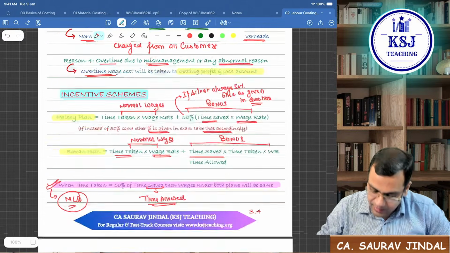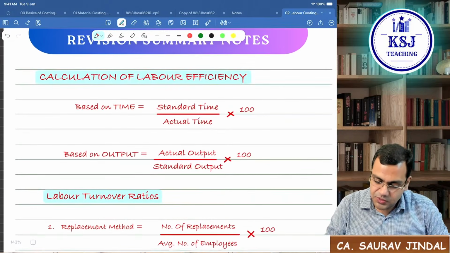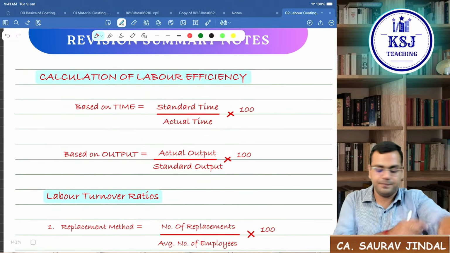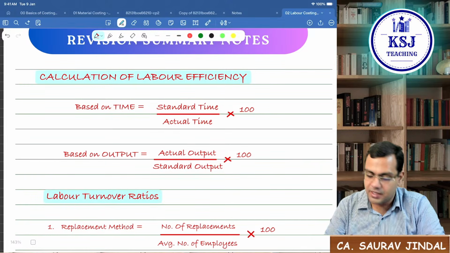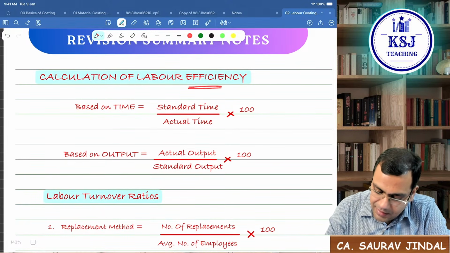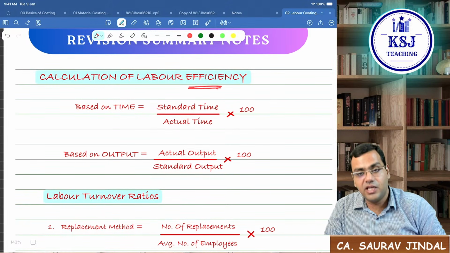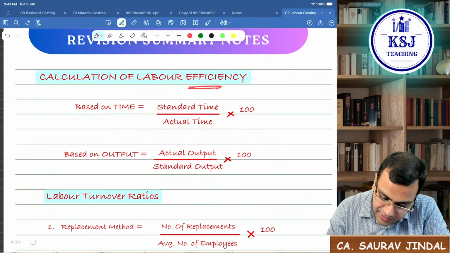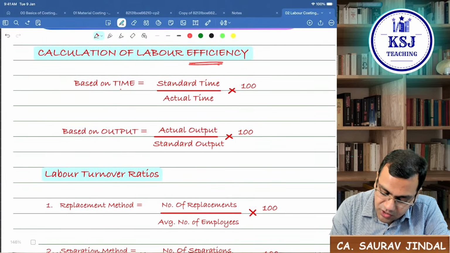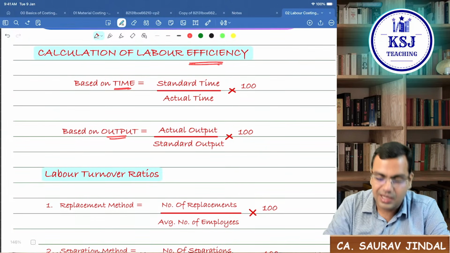Okay. Now, there is one small concept on labor efficiency. Labor efficiency means how efficiently your worker is working. There can be 2 scenarios. One is based on time, another one is based on output.